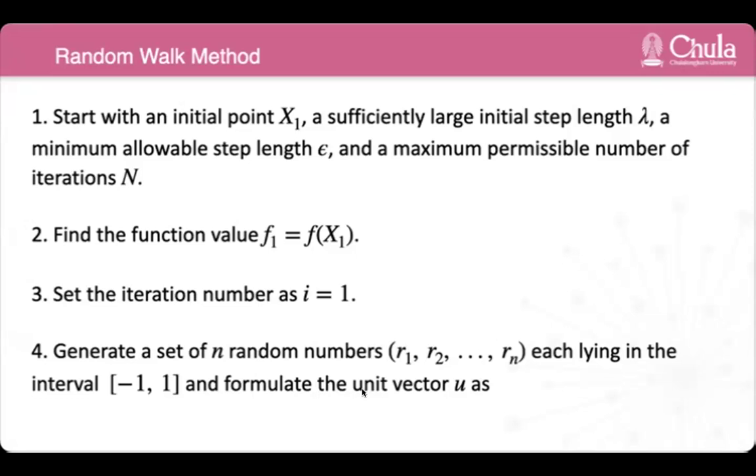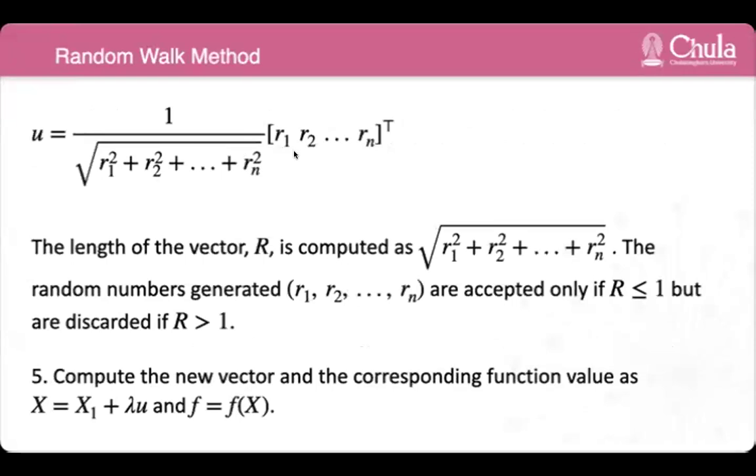Okay, because no matter you transform it to unit vector, it represents the same direction. You work on the random numbers themselves, R1 to Rn, or you convert it to unit vector, you use the same direction.